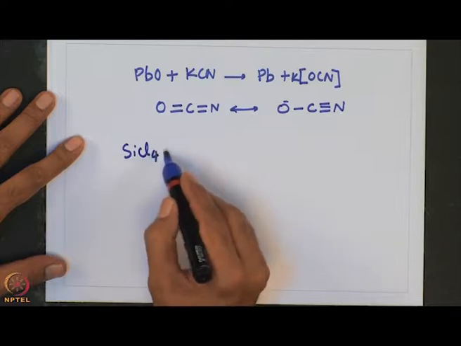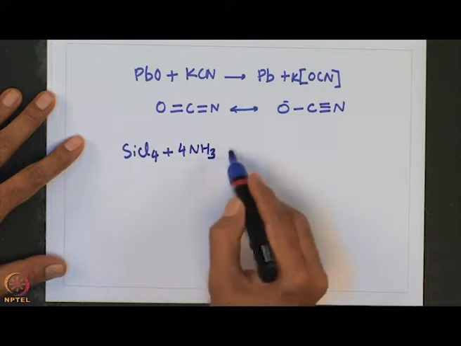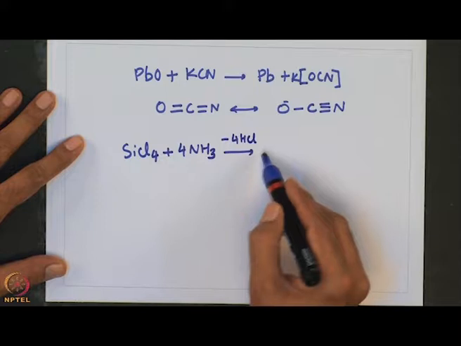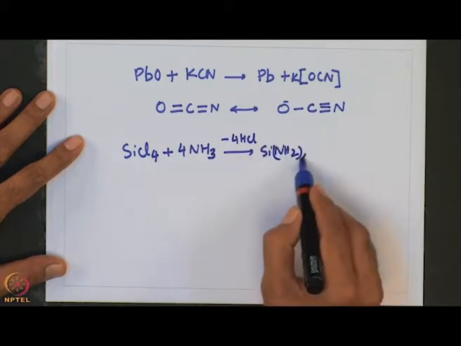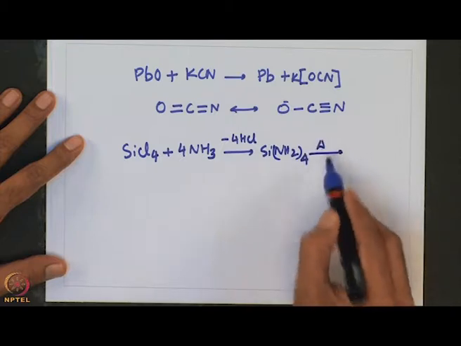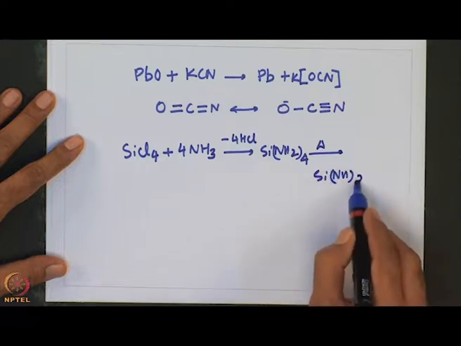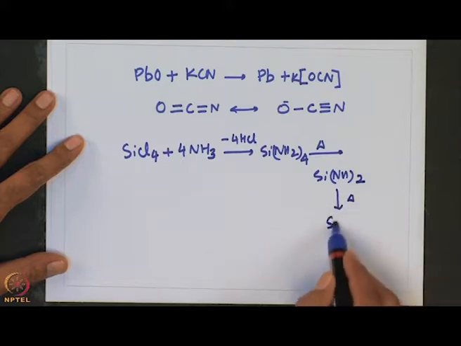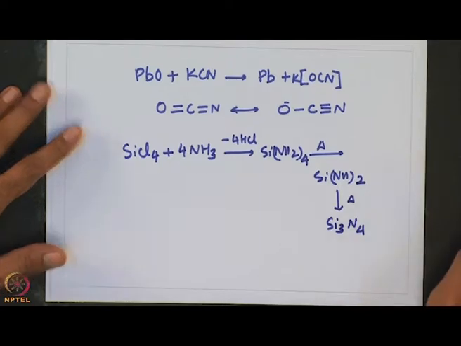For example, treatment of tetrachlorosilane with ammonia leads to the formation of an amide compound, which on further heating gives this compound, and which on further heating gives essentially Si3N4.